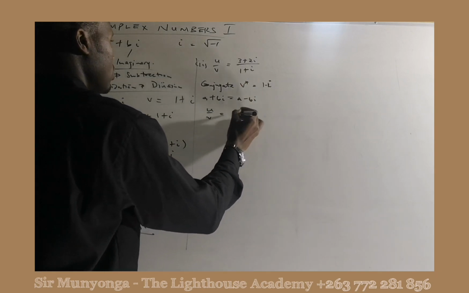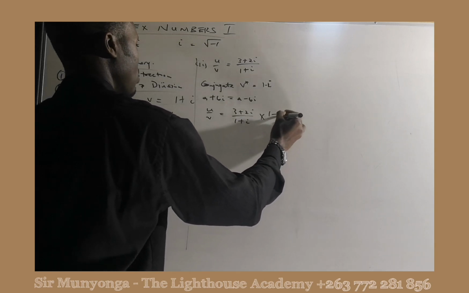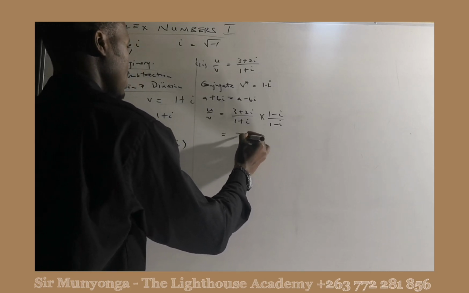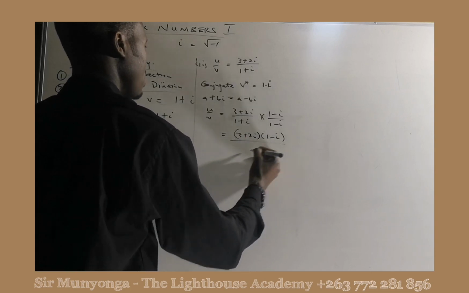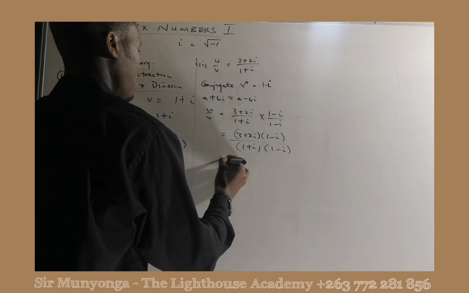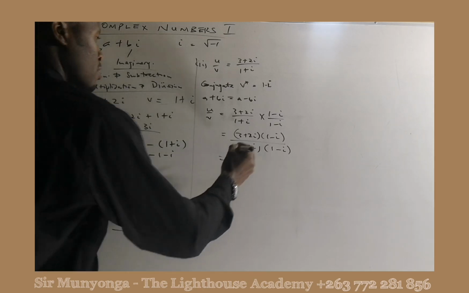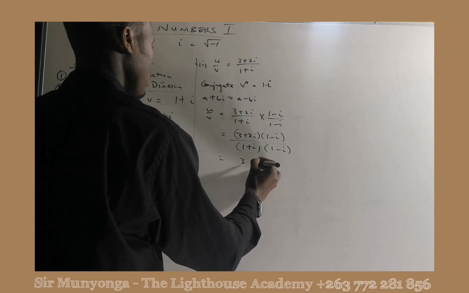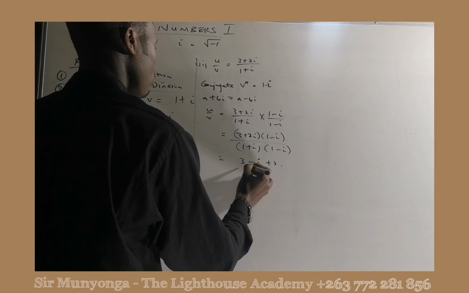So we multiply both the numerator and the denominator with the conjugate of the denominator. So u over v is equal to 3 plus 2i over 1 plus i multiplied by 1 minus i over 1 minus i. Remember, the objective is to eliminate the complex number from the denominator. The numerator becomes 3 minus 3i plus 2i minus 2i squared, equal to 3 plus 2, which is 5, minus i.